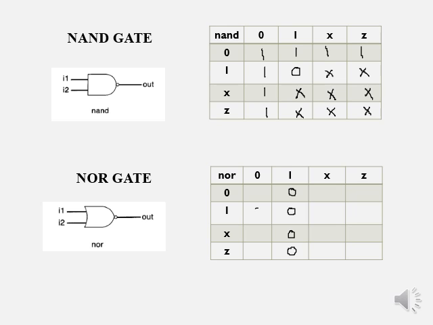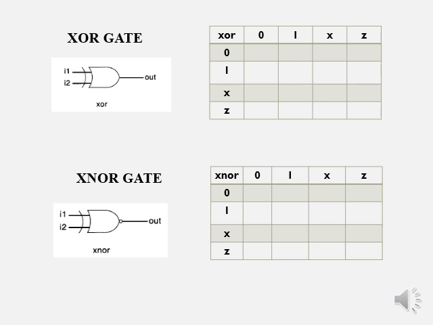Similarly, based on the same argument, this row also will be 0. 0 NOR 0: 0 OR 0 is 0, so 0 NOR 0 is 1. Now, whenever one of the inputs is x or z, the output will be unknown. So all these cells are unknown, so it is X. So this is the truth table for the 2 input NOR gate.